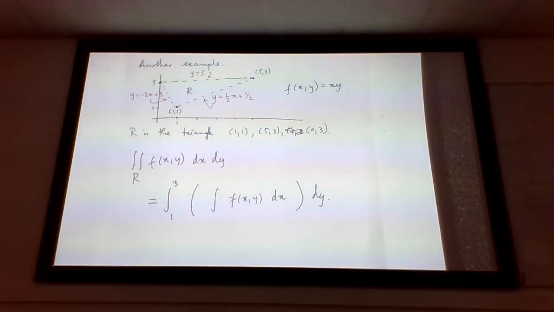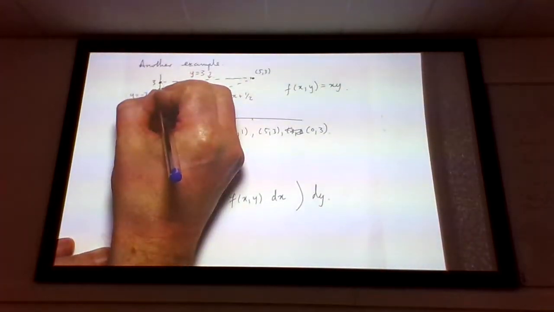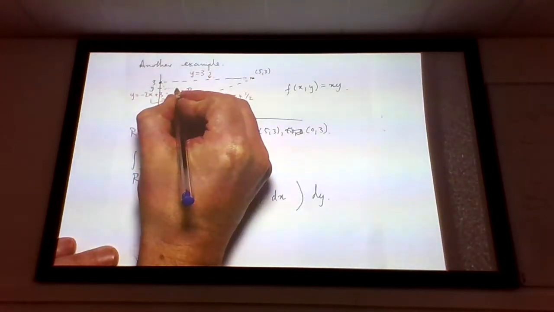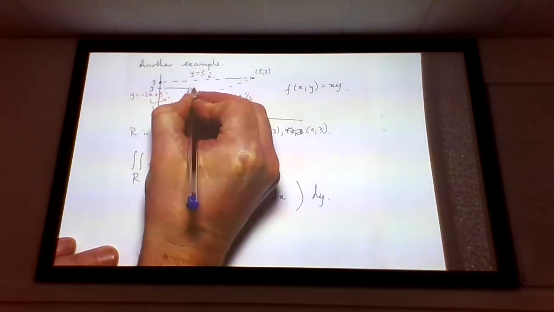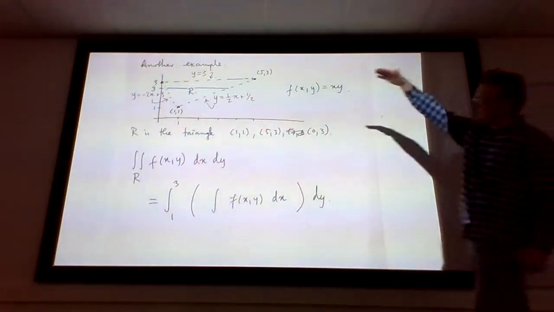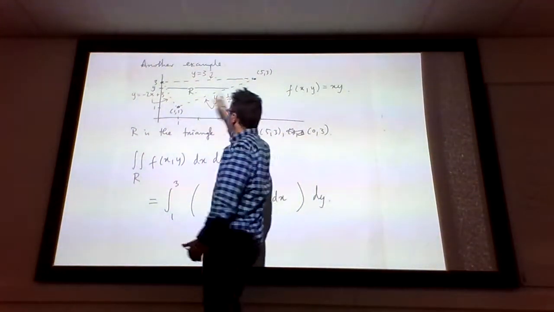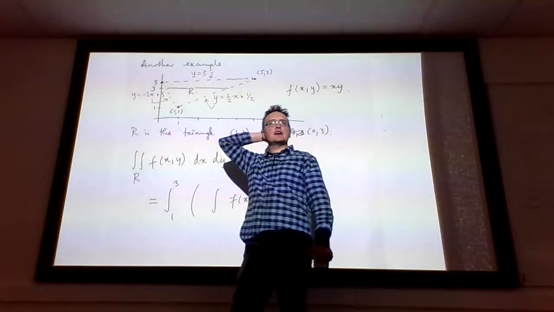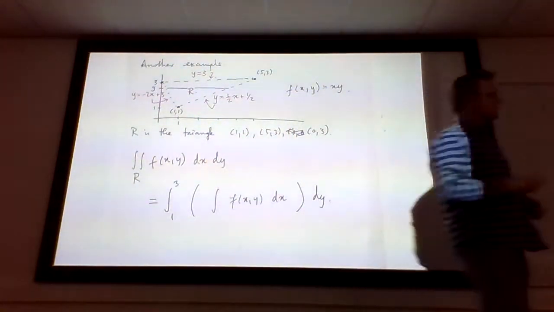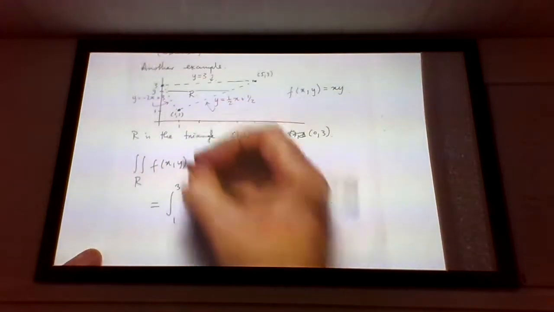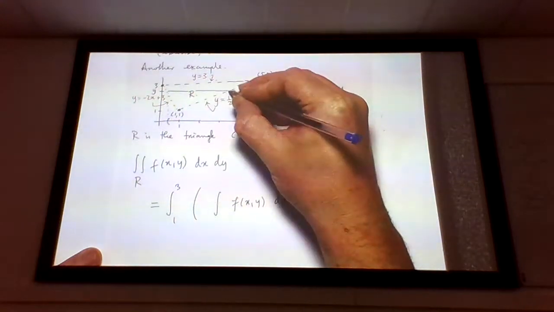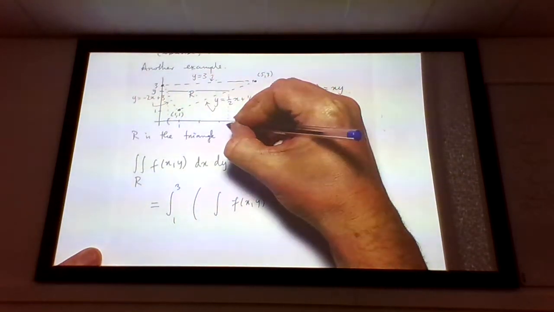And then we imagine somewhere along here a typical y value, and there's a cross-section of R at that height y. When you think about different possible values of y, each of the cross-sections behaves in the same way. It's going between a certain interval of values on the x-axis, from here to here.